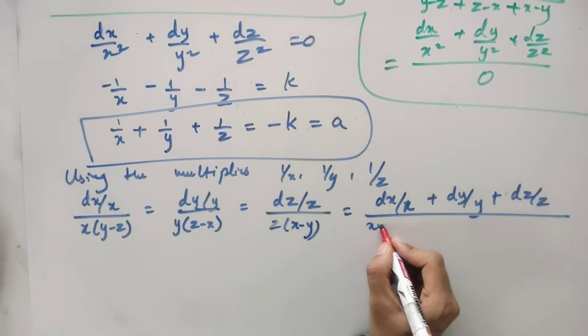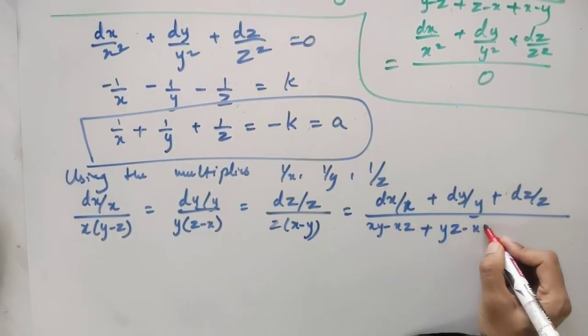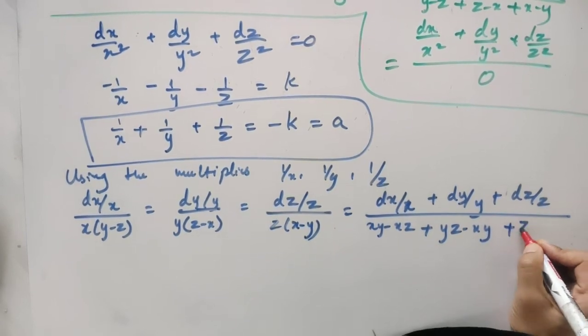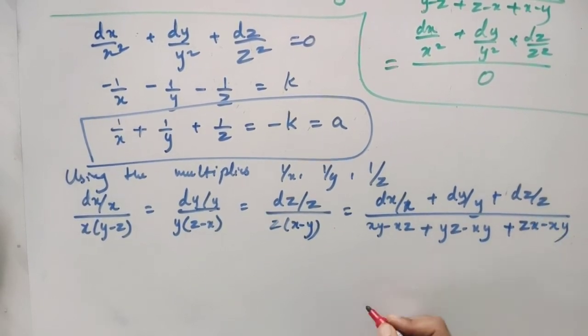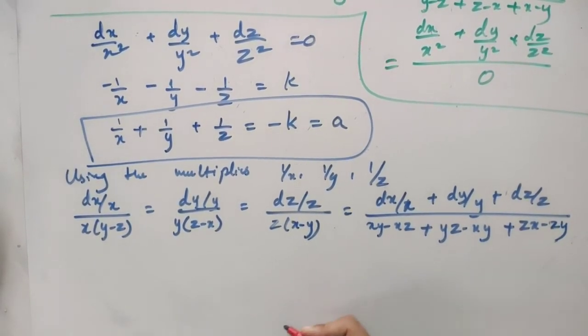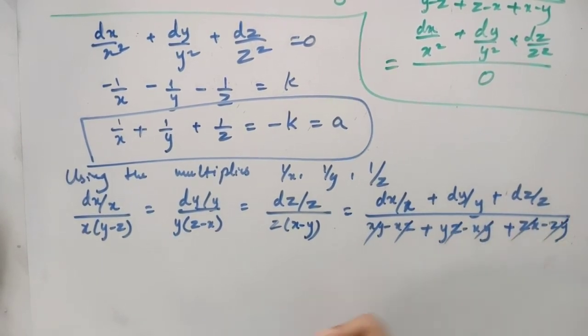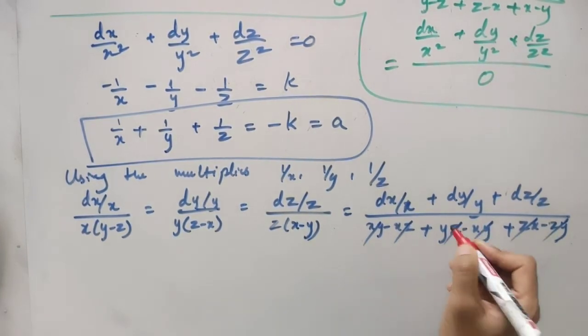So it will be x into y minus x into z plus y into z minus y into x plus z into x minus z into y. All are getting cancelled. So it is equated to 0 over here.